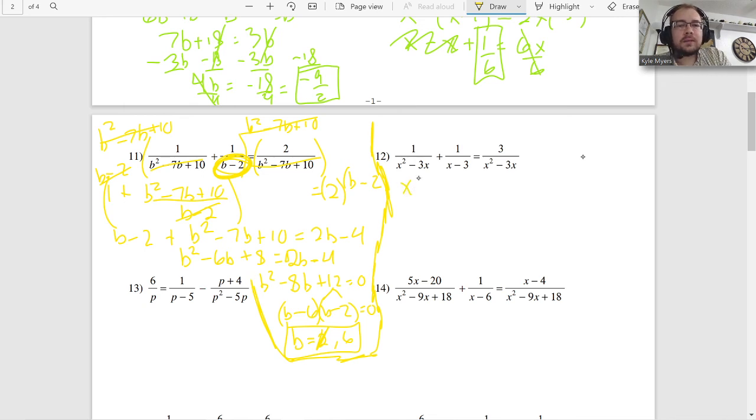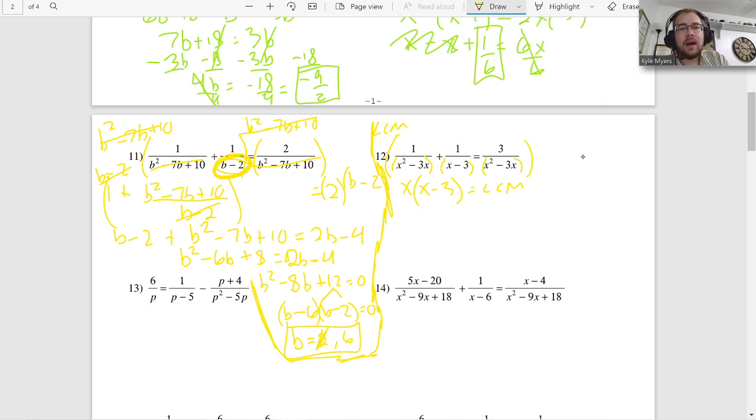So x, if I take out a factor of x here, I get x minus 3. So then I can see, oh hey, x times x minus 3 is the LCM. It's the biggest thing, and it includes this x minus 3 thing here. And of course, this is the same thing as this. So this then is the LCM. We multiply both sides by the LCM, and then stuff cancels.